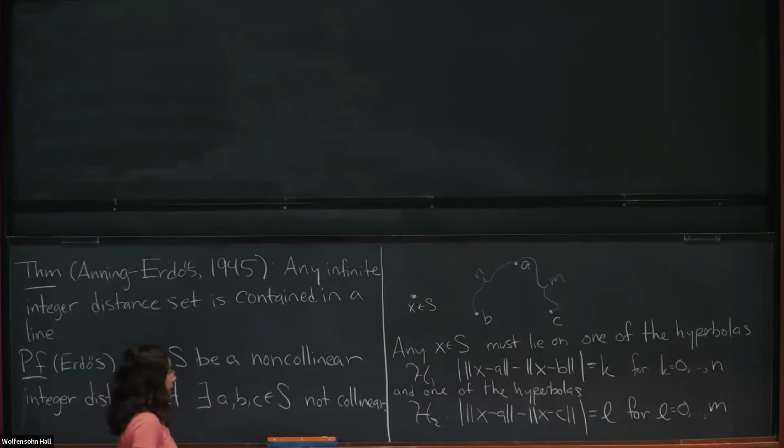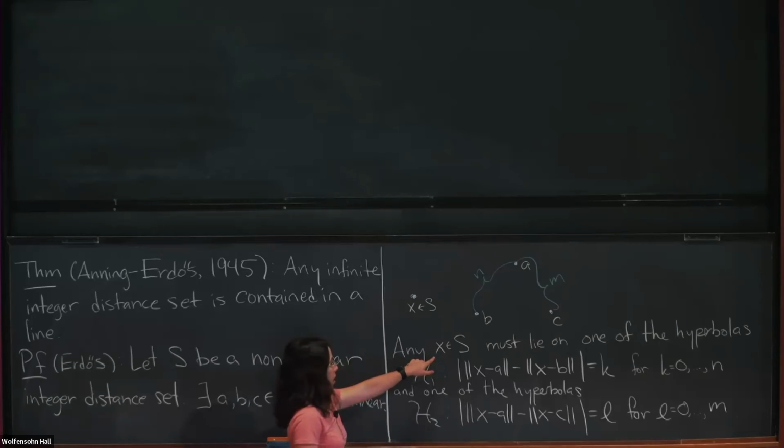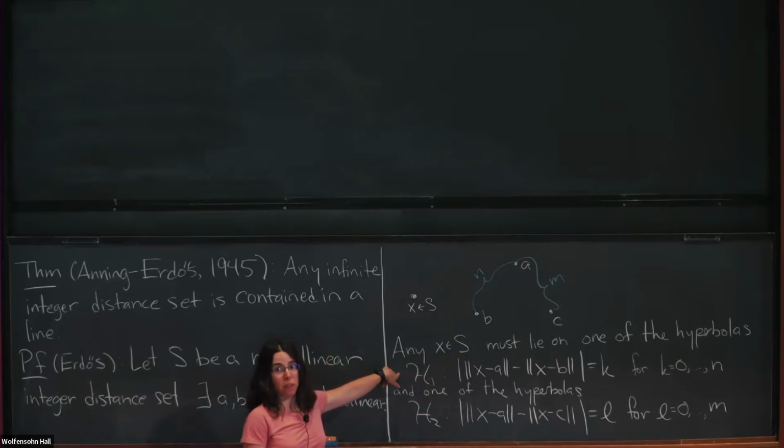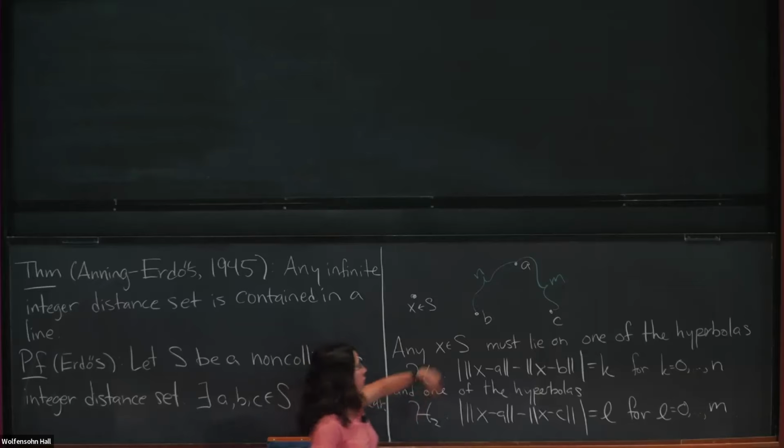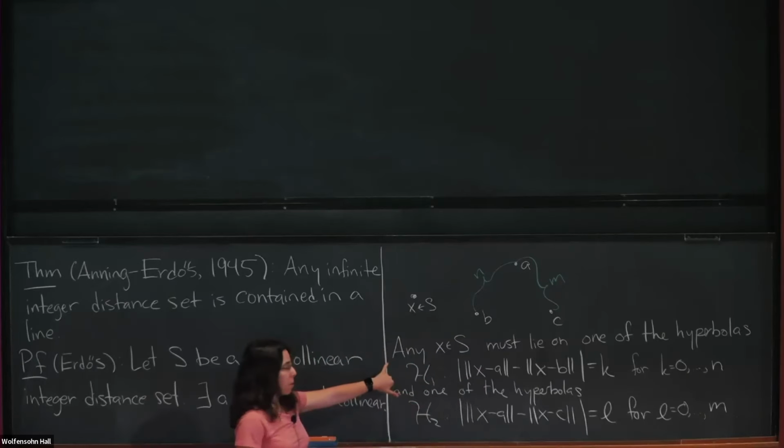So the key is that any element x of S must lie on the intersection of some hyperbola from the family H1 and some hyperbola from the family H2. But we've chosen A, B, and C such that all these hyperbolas are different, and so they'll intersect in at most 4 points.